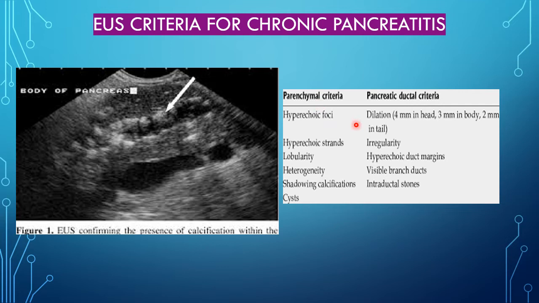Anything more dilated than this is considered abnormal. Hypoechoic strands are irregularly located throughout the pancreas with lobularity, hypoechogenic duct margins, heterogeneity, visible branch ducts, shadow calcification showing intraductal stones, and the presence of cysts throughout the pancreas.